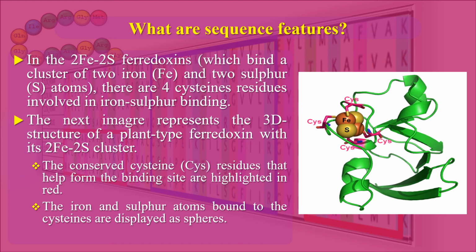The next image shows the 3-dimensional structure, or tertiary structure, of a plant-type ferredoxin with its 2Fe2S cluster.